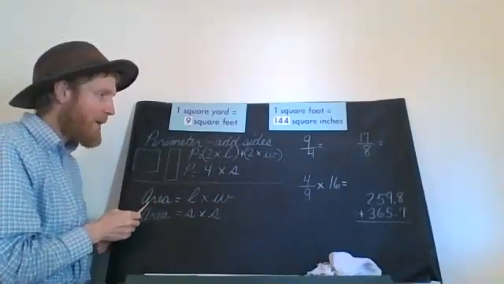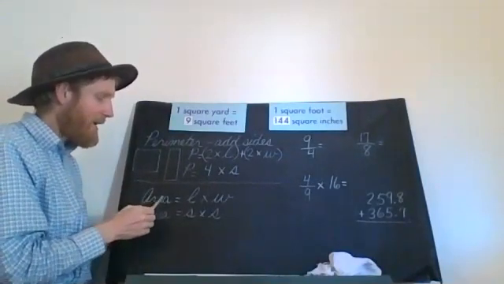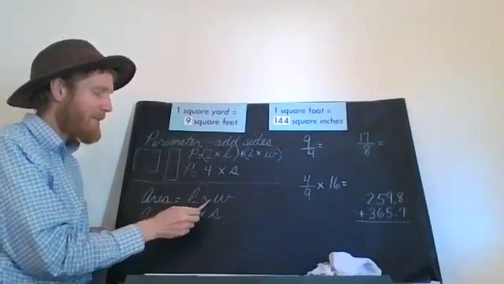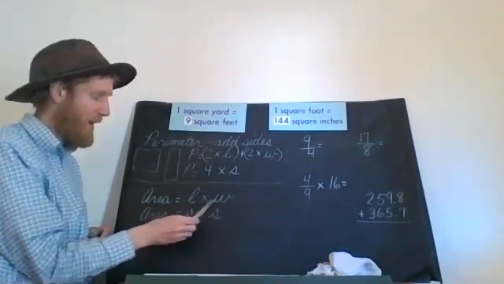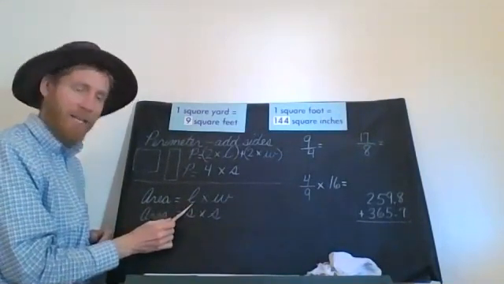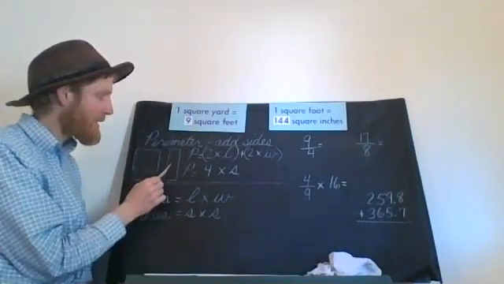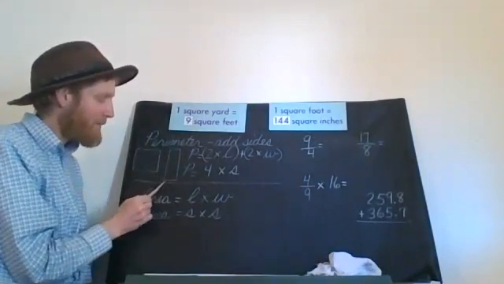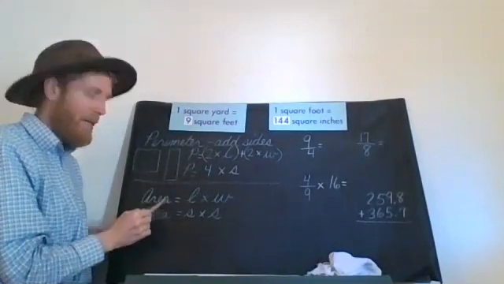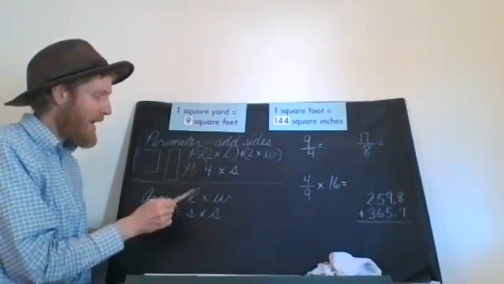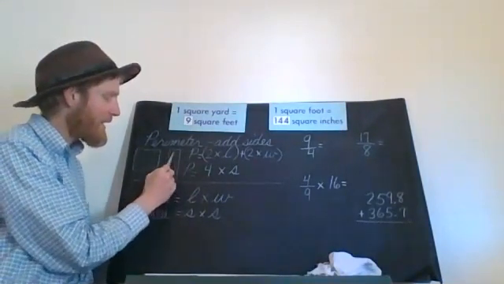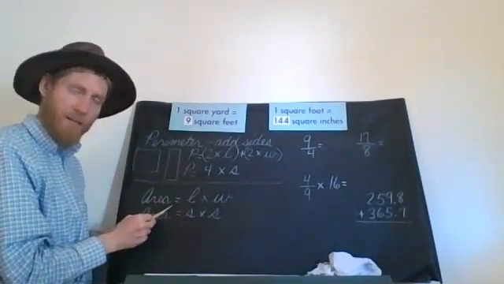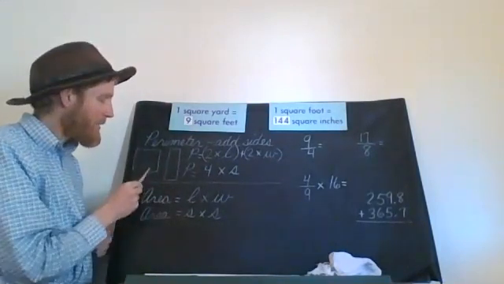Then there are the area formulas. A, or area, equals length times the width. We just went over that. Area is the length times the width. That is for a rectangle. Memorize that for solving the area, the inside of it. Area of a square.